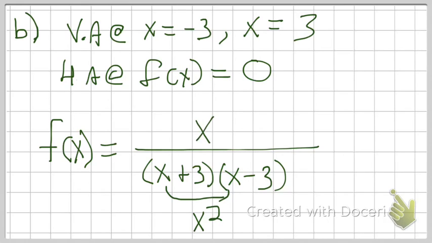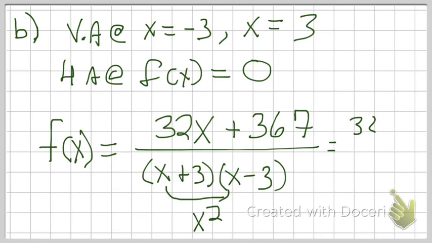So as long as I only have something raised to the x power, or to the first power, I can put whatever coefficient I want on there, and I can add whatever constant I want, and I still have a horizontal asymptote at 0, because if we multiplied this out, we would get the 32x plus 367, and this ends up being over x squared minus 9.